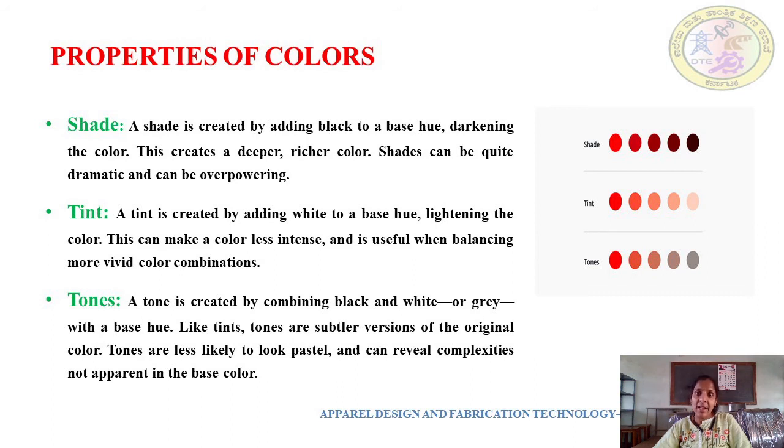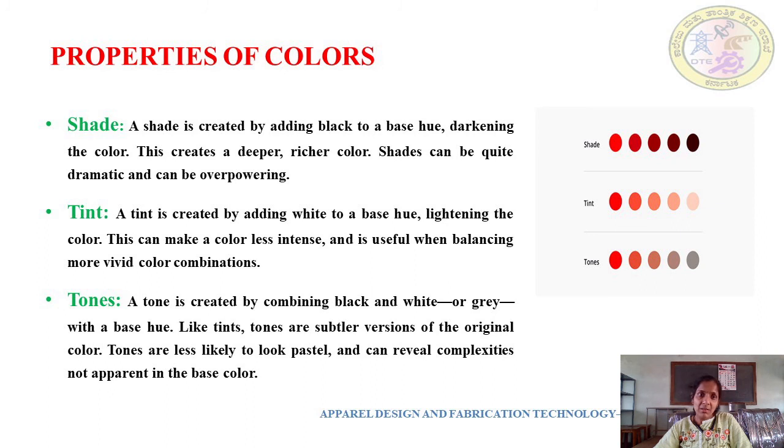It looks very attractive. If we add white to any color in varying quantities, it will give lighter shades. For example, if we add white to red color, it gives the tint of pink, varying shades of pink colors. Pink is a very rich color and a romantic color. It's very attractive and beautiful.